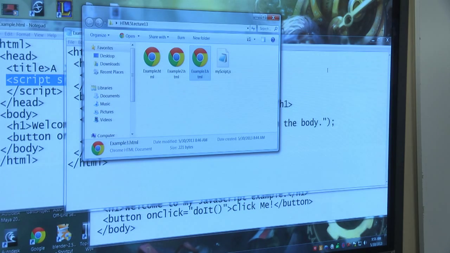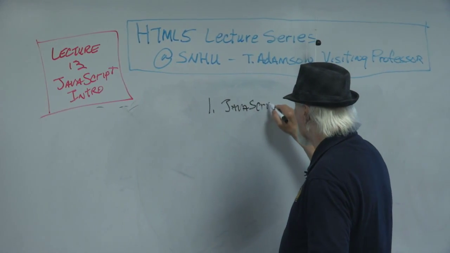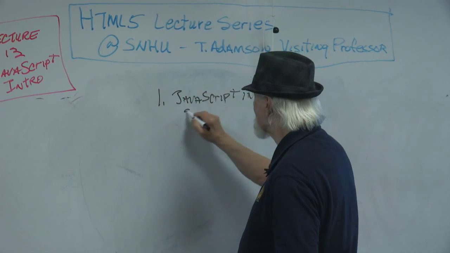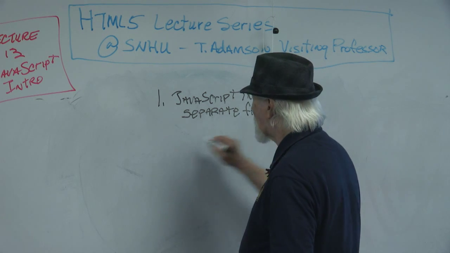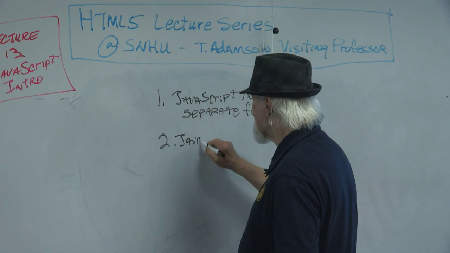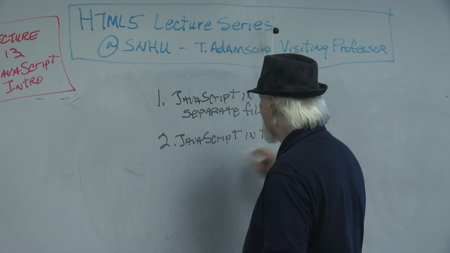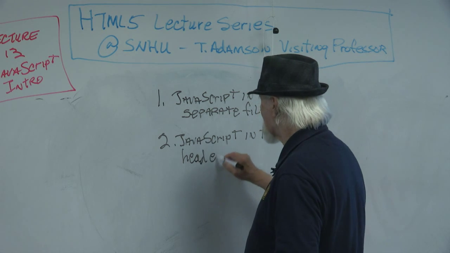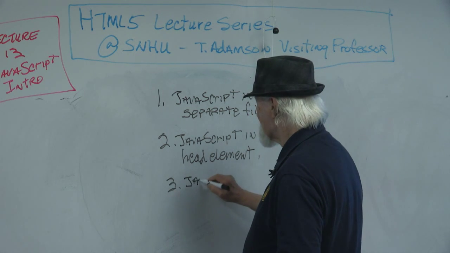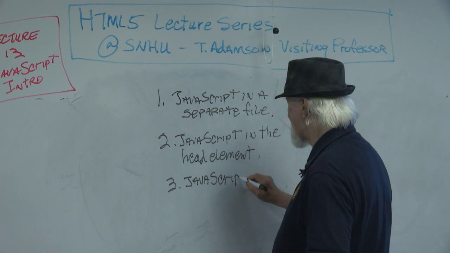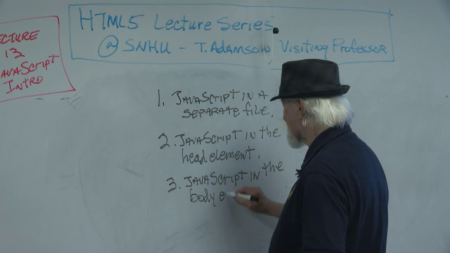Coming back to the board here, I can put JavaScript in a separate file, or I can put JavaScript in the head element, or I can put JavaScript in the body element.